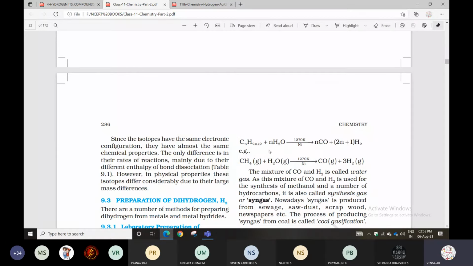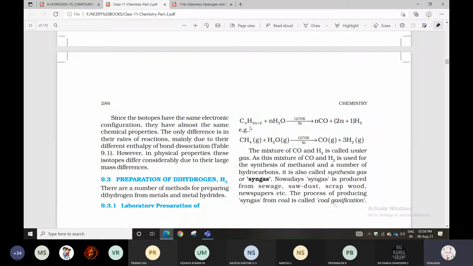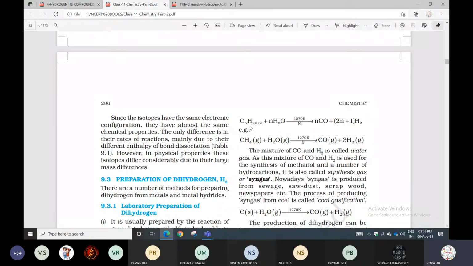An organic compound reacting with water in the presence of a nickel catalyst gives syngas or water gas. Listen here, the mixture of CO and H2 is used for the synthesis of methanol and a number of hydrocarbons. It is also called syngas.